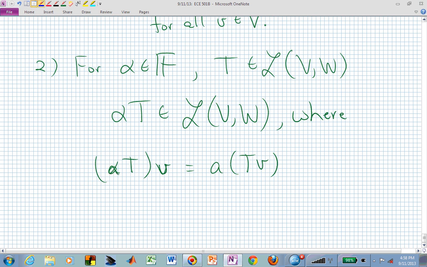And with those two properties, that now satisfies all of our properties of a vector space.